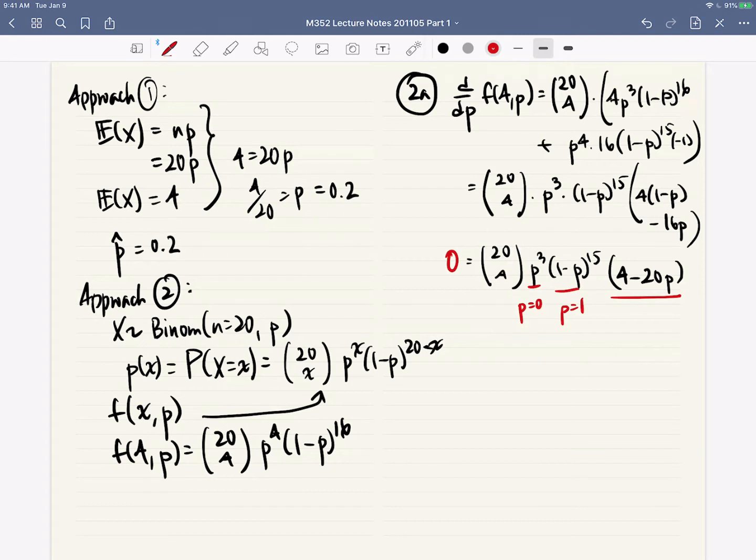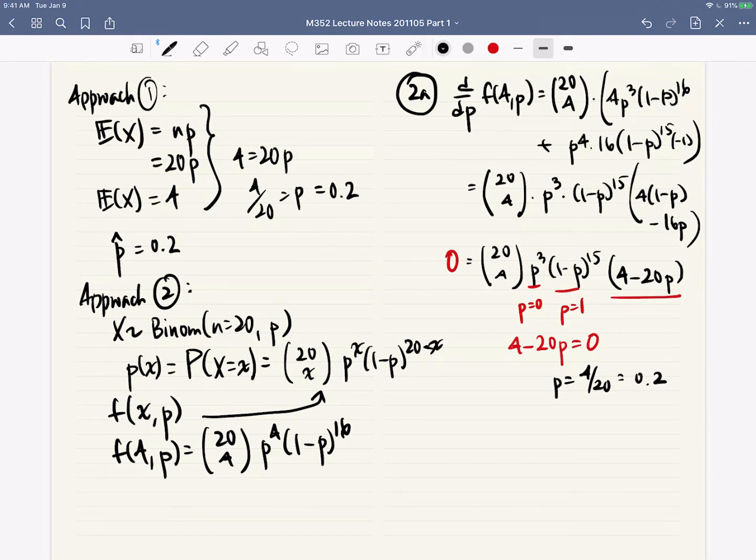Those aren't even random variables then. And so we're left with this last thing. So this is the interesting thing. This derivative equals 0 when that equals 0. So solve that for p, and you get p equals 4 over 20, or 0.2.